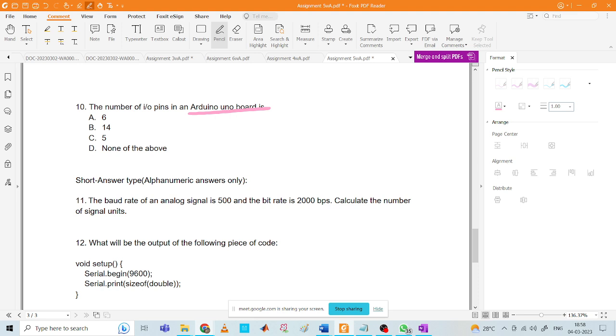Why do you say 6? It is not asking for analog IO pins. It has got digital also. So right now, 14. Very good, 14. Correct.